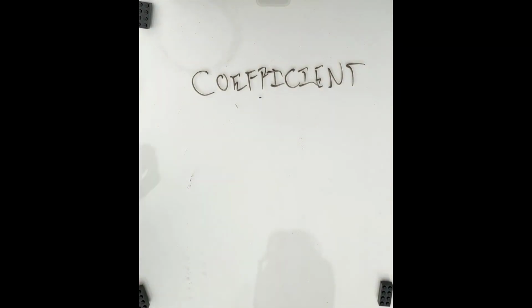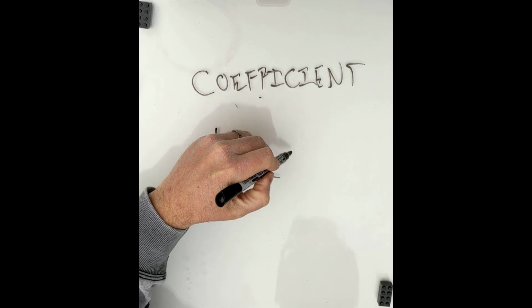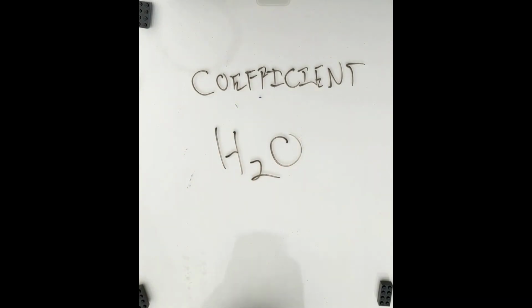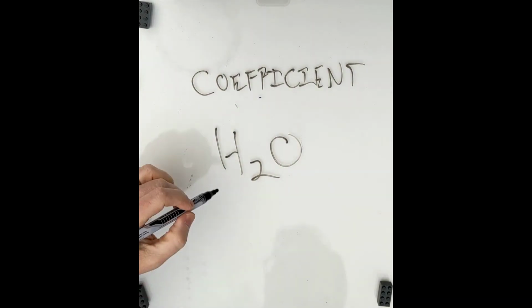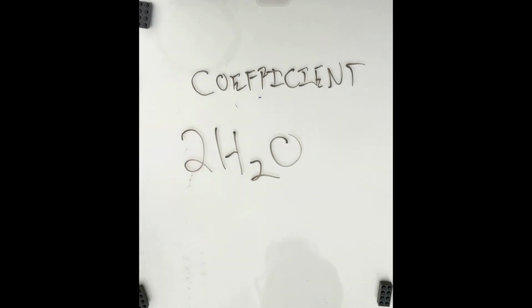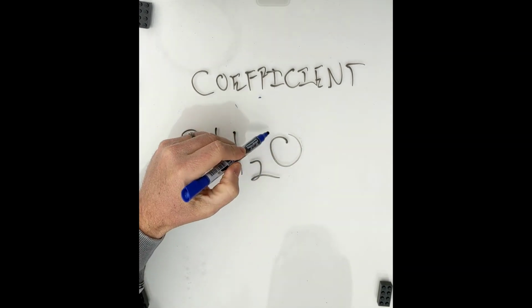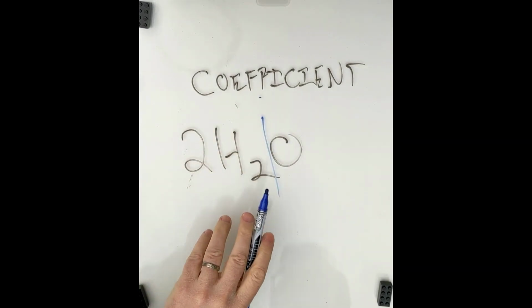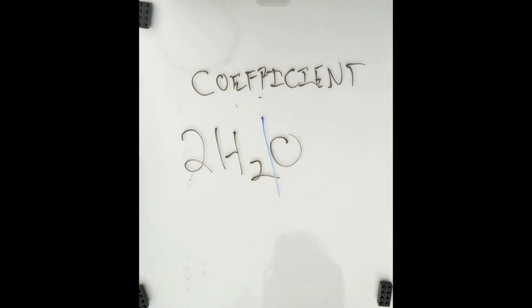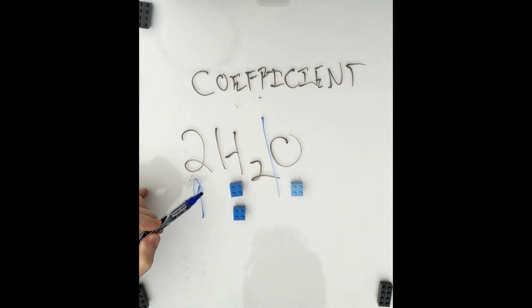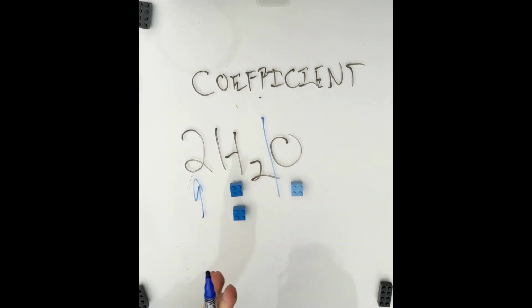So let's take a look at a formula with a subscript. Okay, so H2O, it's one we're all familiar with. If I put a coefficient here, if I break up the elements, it's H2O. So by itself, that means 2 hydrogens and an oxygen. The coefficient affects the entire amount of the entire formula.